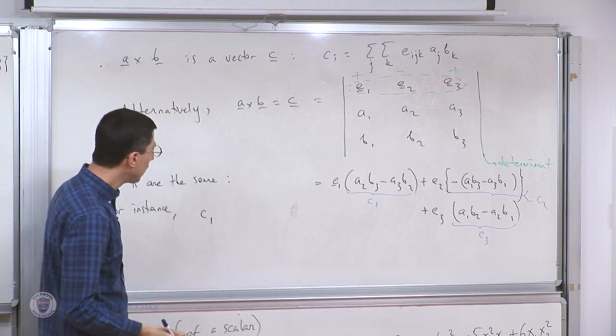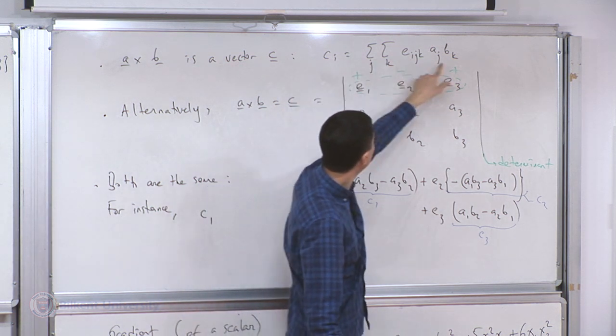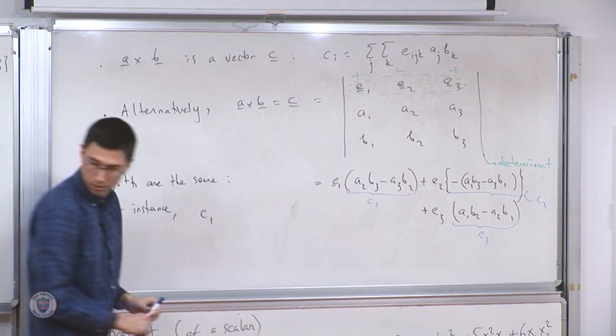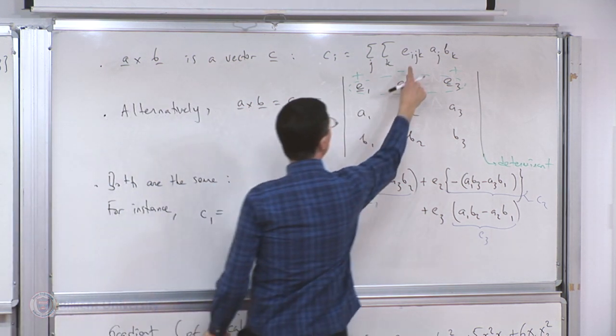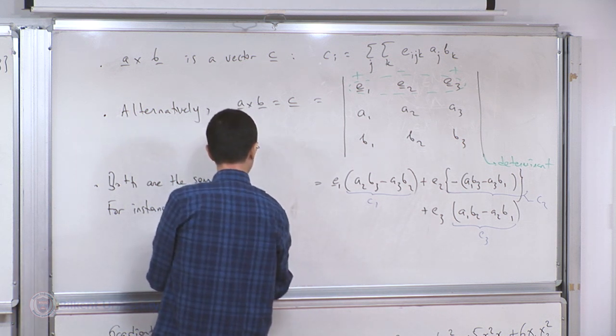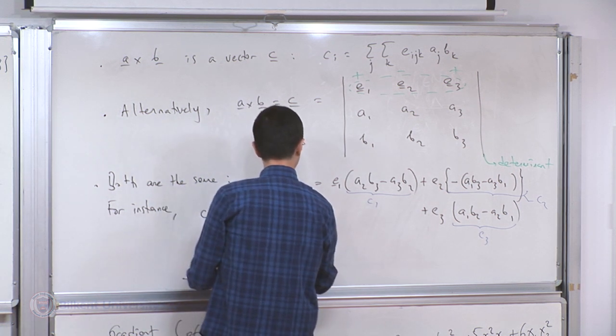So I'm going to try to now verify that this is C1, that it is consistent with that expression. So C_i with i equals 1, right? So it's i equals 1, sum over J, sum over K, E_1JK A_J B_K.